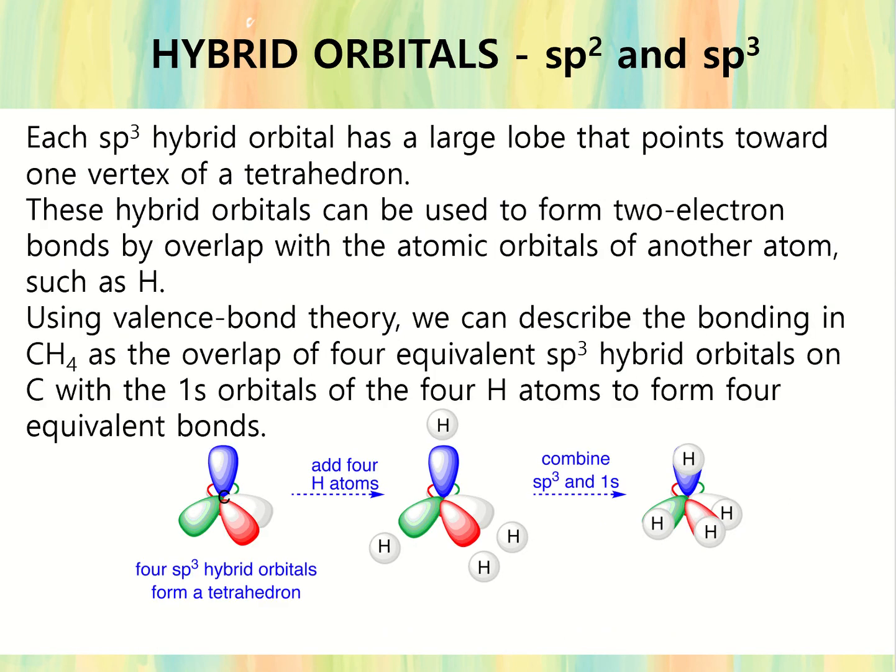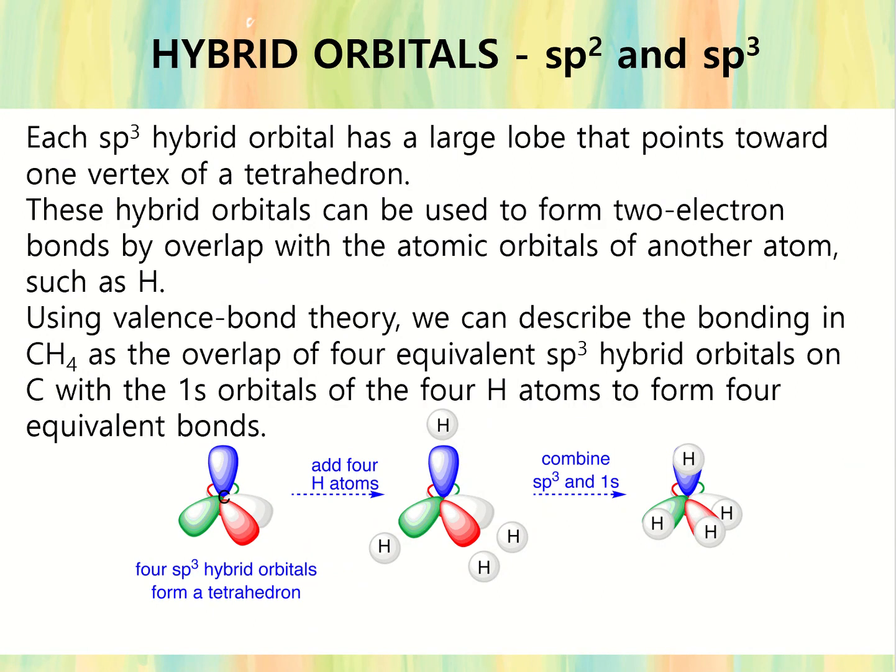So each sp3 hybrid orbital has a large lobe that points toward one vertex of a tetrahedron. Now, these hybrid orbitals can be used to form 2-electron bonds by overlap with atomic orbitals of another atom, such as hydrogen in methane, right?